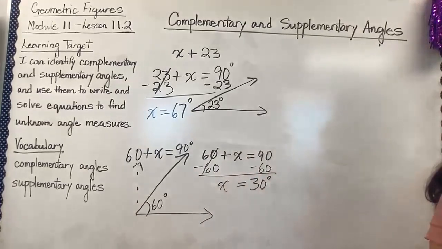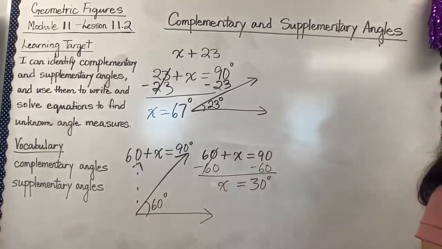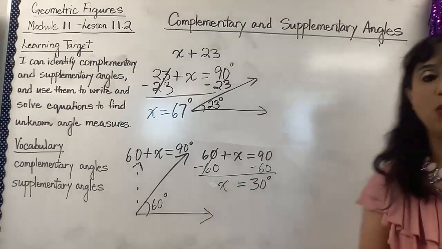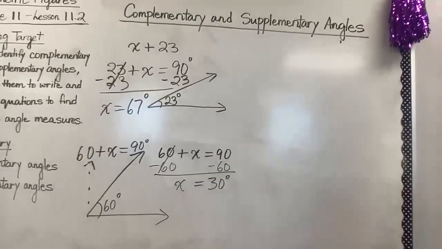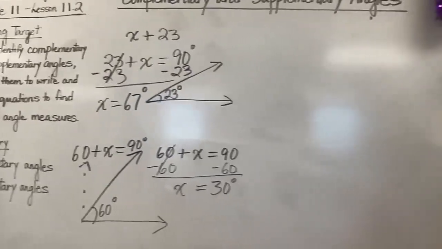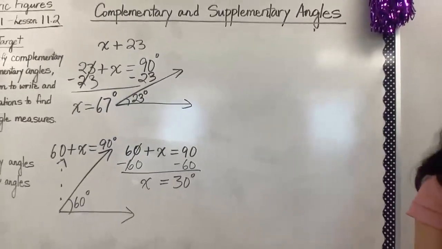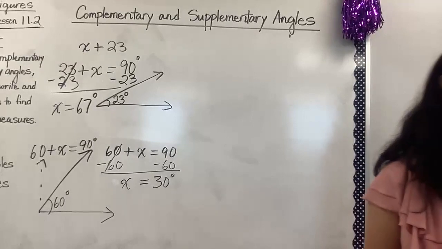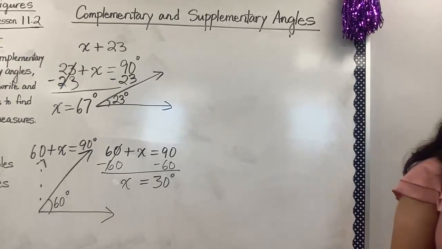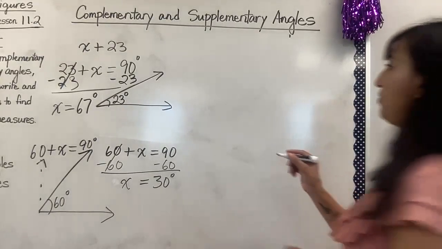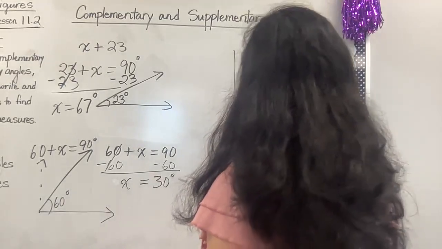Okay, now, in order for me to find some missing values with complementary angles, all I need to do is use the value that I know about complementary angles. So let's say I have something like this given to me.